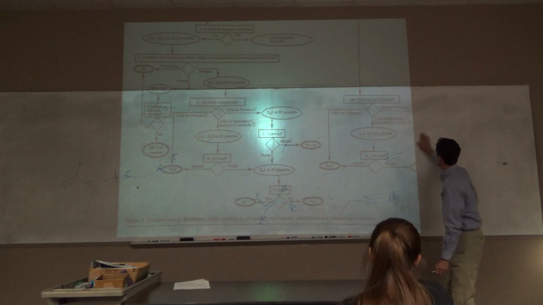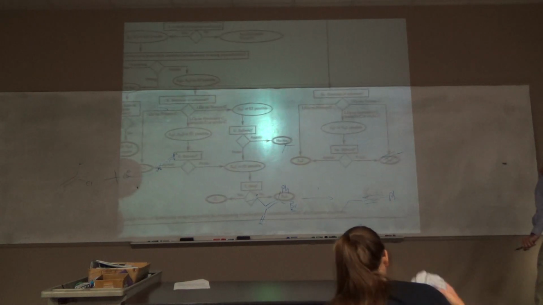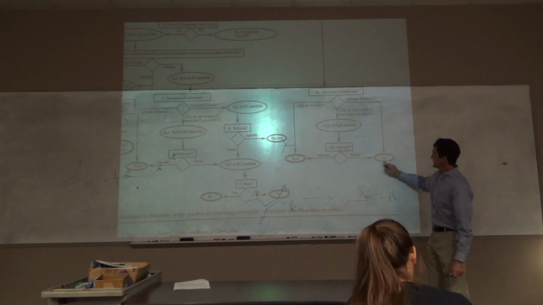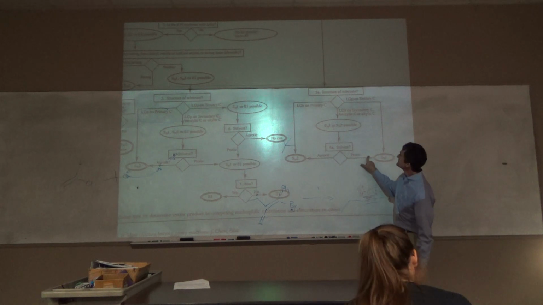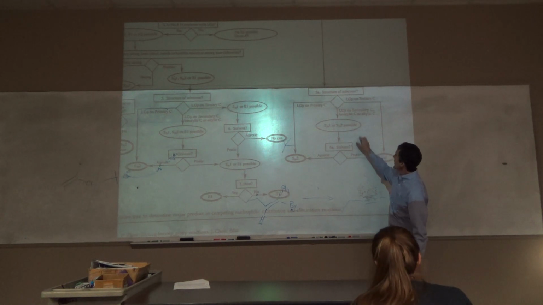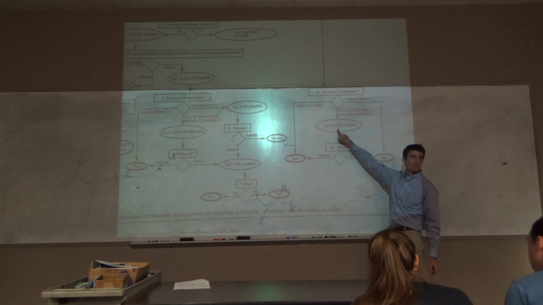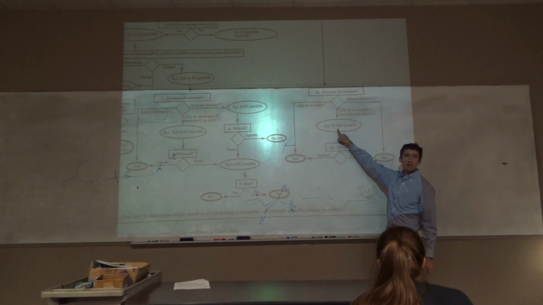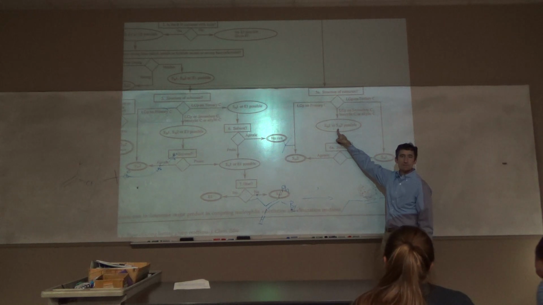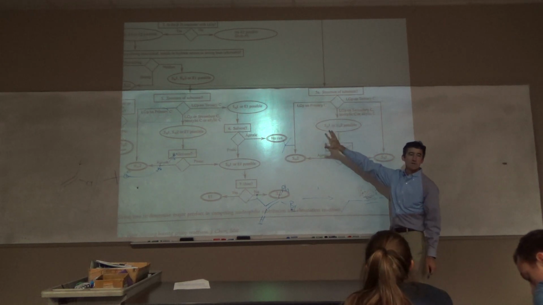If it's on a tertiary carbon, it takes you to SN1. What if the leaving group is on secondary? Both SN1 and SN2 are possible, right? We've said all this.